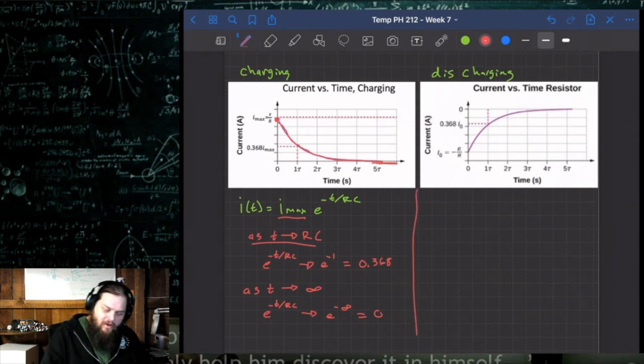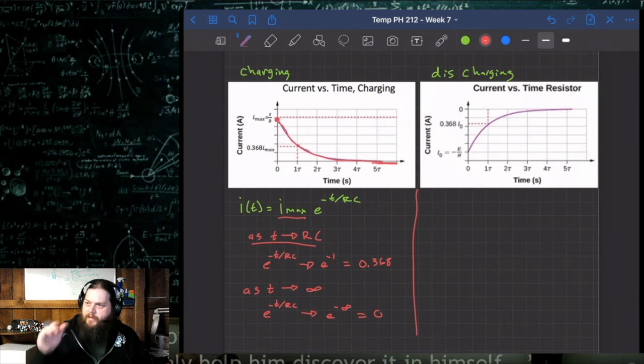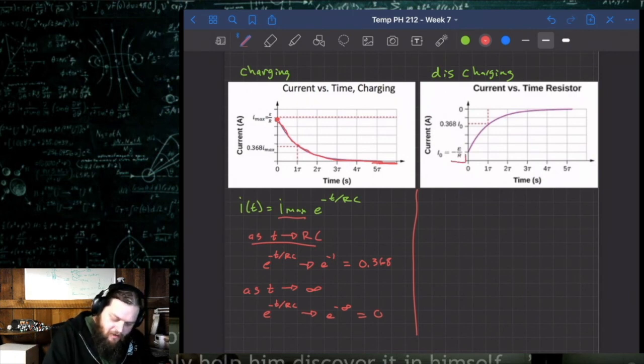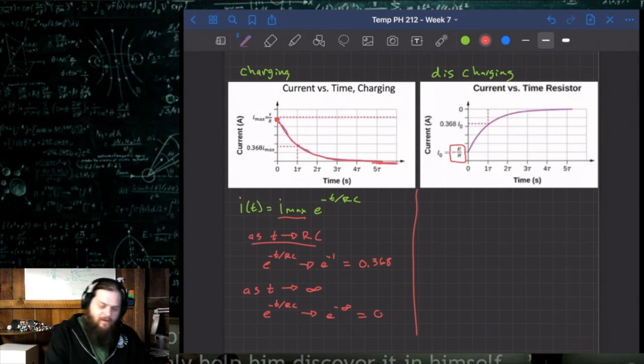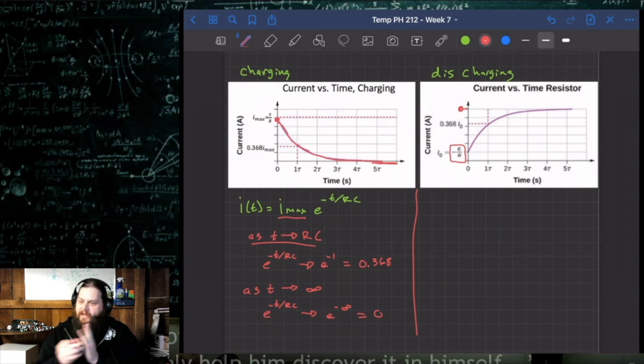For the discharging, it acts logarithmically. Notice it starts out as a negative current. So we have 0 kind of way up here. That's due to the fact that once the capacitor is charged, once you disconnect the battery source, the voltage supply to it, it starts to discharge, and electrons flow in the opposite direction they did while they were charging.